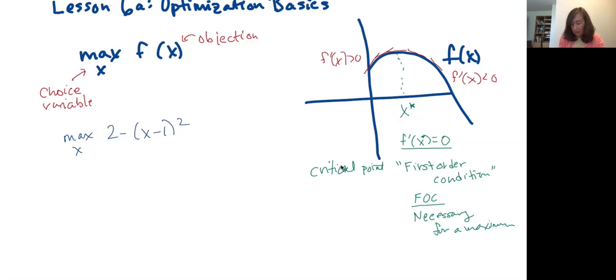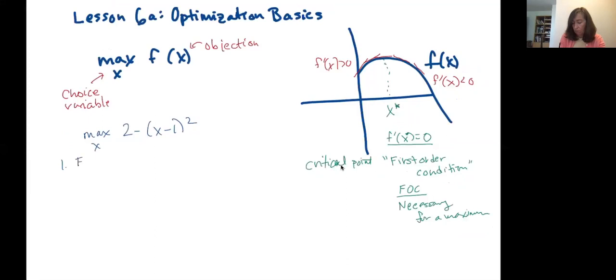So the first thing I'm going to do is find the first derivative of that objective function. Taking its derivative with respect to the choice variable, x, that 2 is just a constant, it doesn't have a derivative, but it's the negative that's outside here.